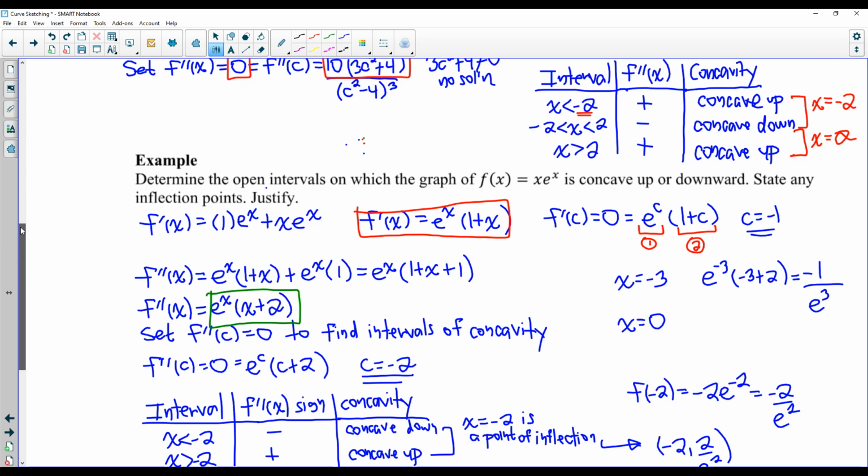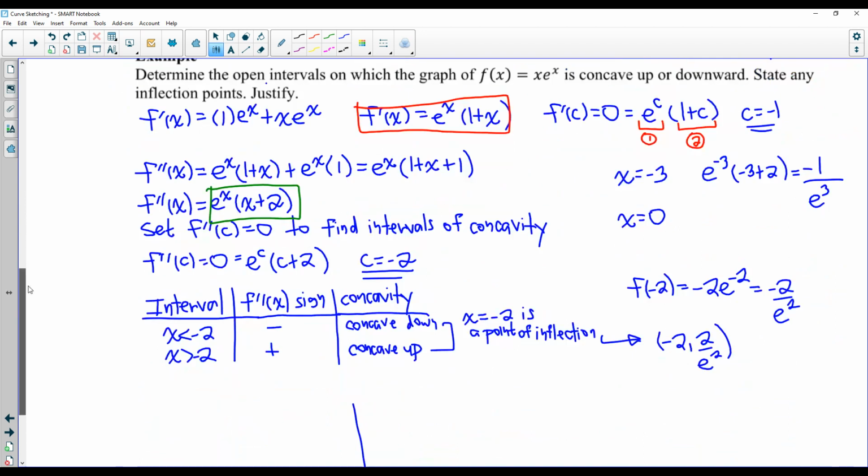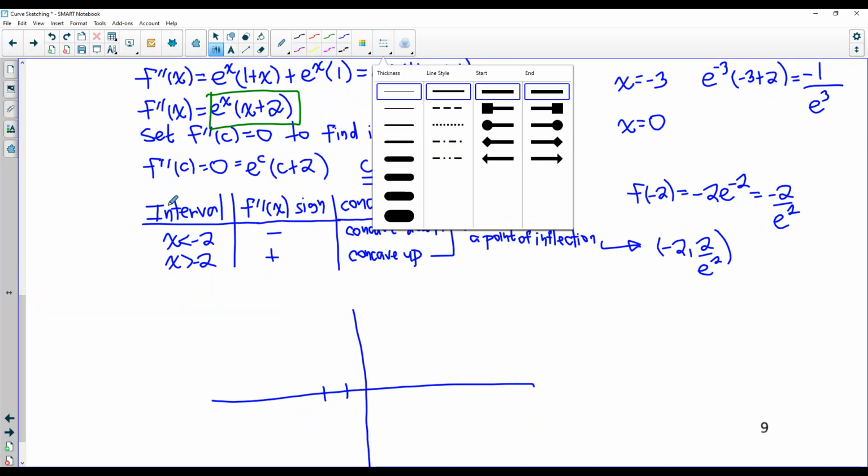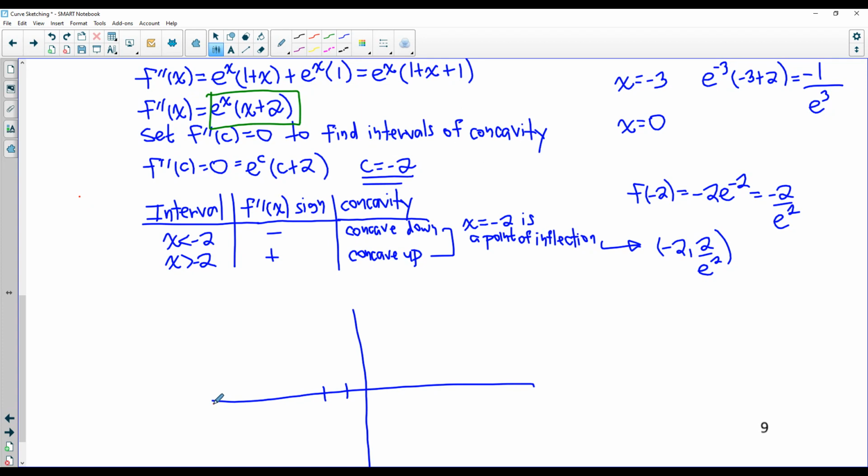And then what was the critical point for the first derivative? It was -1. So what the graph looks like here is it kind of starts off with a horizontal asymptote of 0, it keeps coming, and then dips down. It hits this point, and then goes up like that.